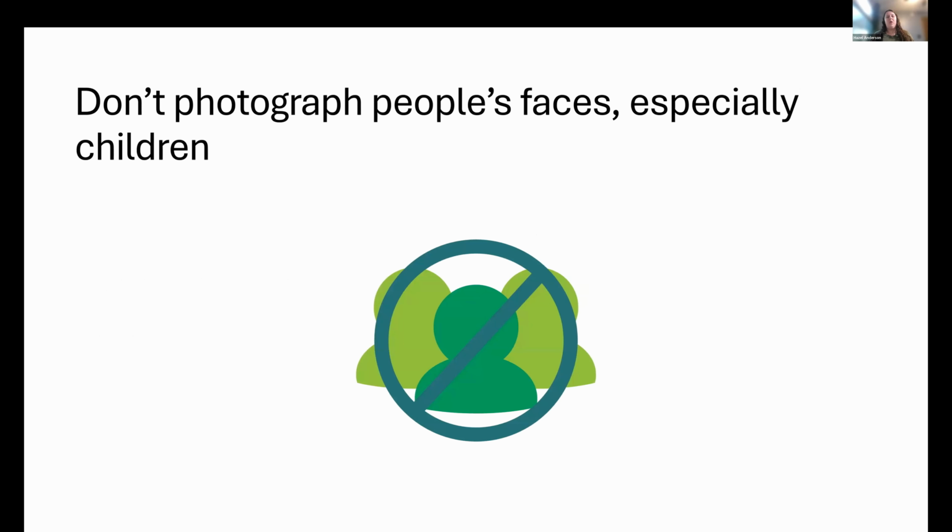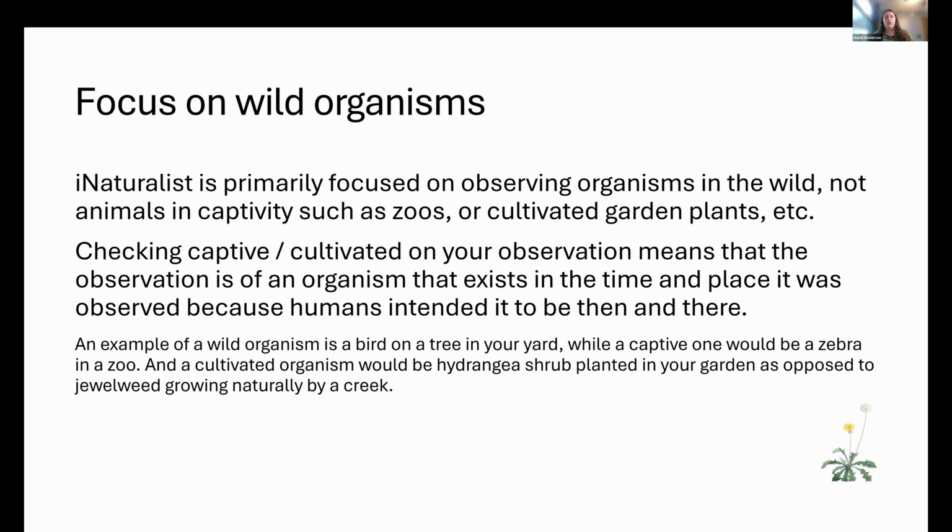Naturally we don't want to photograph people's faces, especially kids. That's not helpful information. And then also you want to focus on wild organisms, so not zoo animals or cultivated garden plants. You can input those in iNaturalist if you check the captive/cultivated box on your observation, meaning that organism exists in the time and place it's observed because humans intended it to be there.